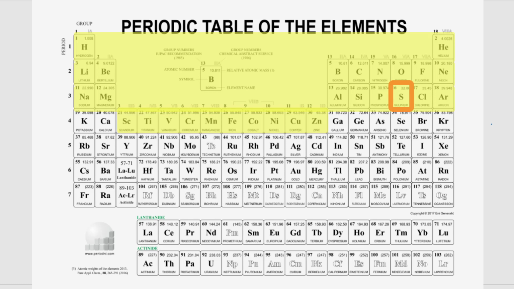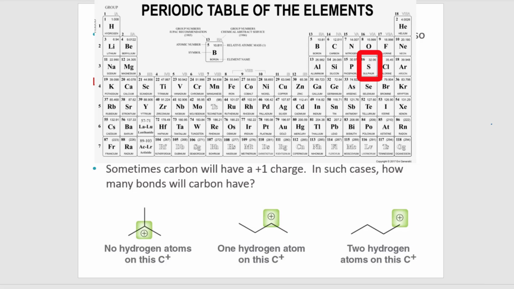It has d orbitals. Sulfur is 1s2, 2s2, 2p6, 3s2, 3p4.